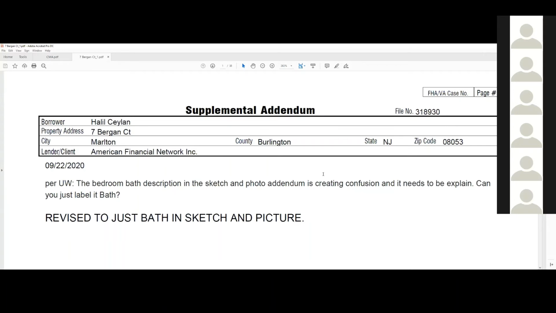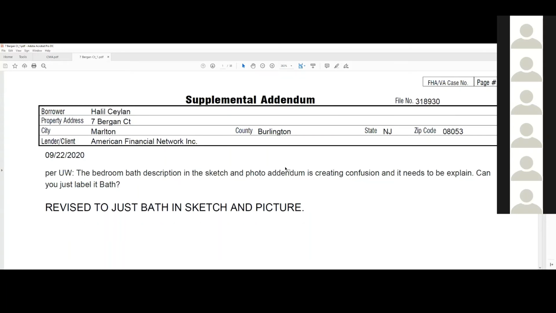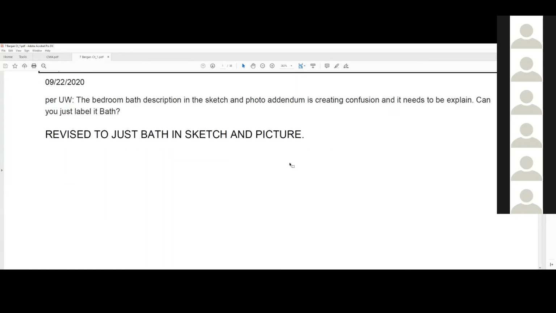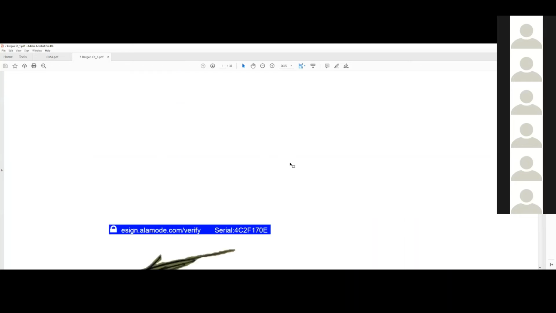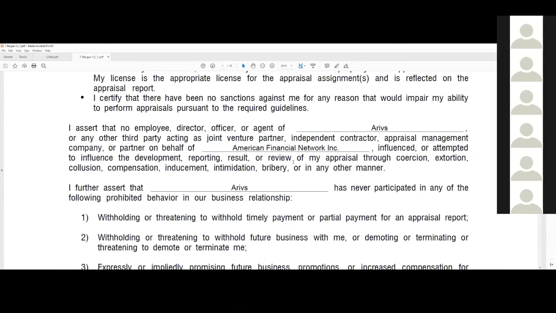Okay. Here's another property. This is in Marlton, New Jersey. And the appraisers.